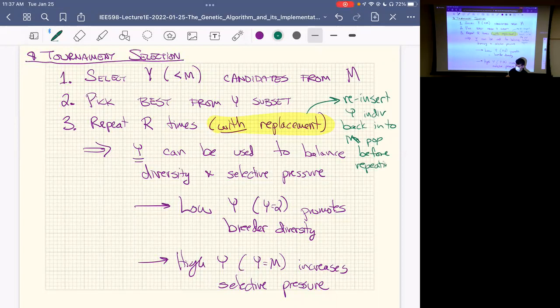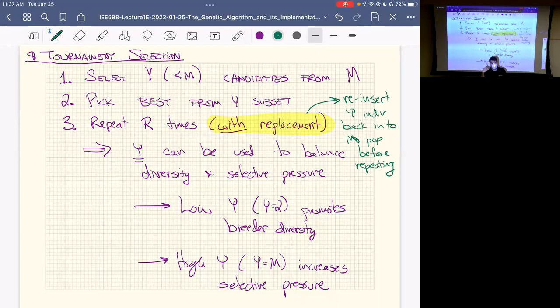The alternative would be to leave them out, and then you wouldn't have M anymore; you'd have M minus Y, and you'd select from those, which we're not doing. We're just putting them back in, so they can be selected multiple times this way.